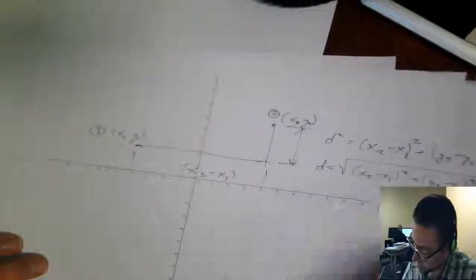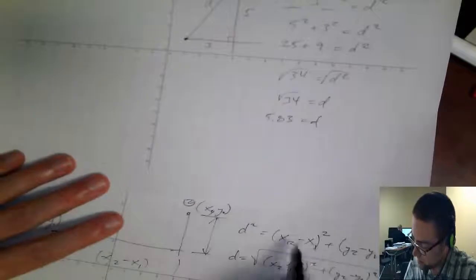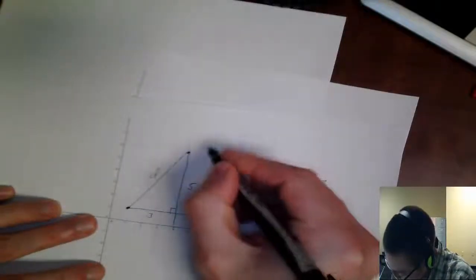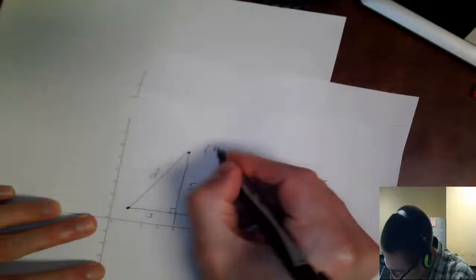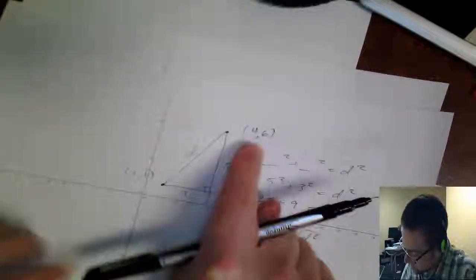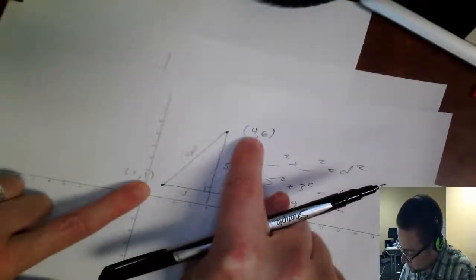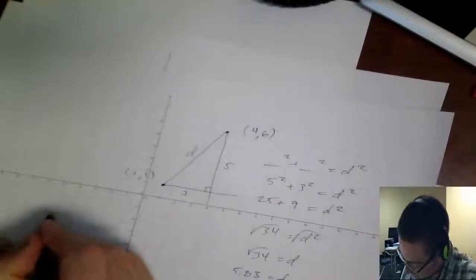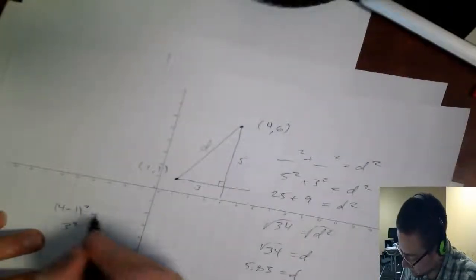Now let's see if it makes sense with our first example. So I took this point 4, 6, and I took this point 1, 1. So the difference in the x values was 4 minus 1 squared, so this was 3 squared.